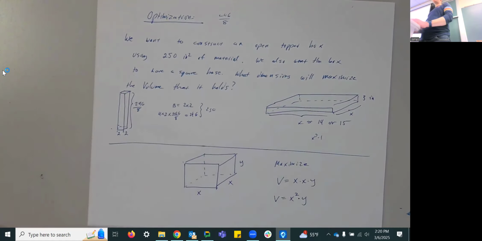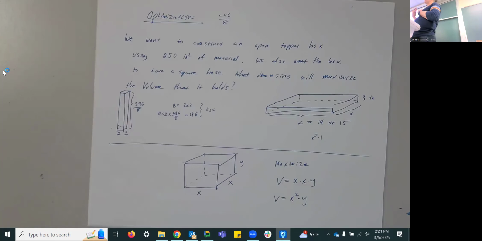Now, as you might have experienced already, we know how to find the maximum of a function, but all the functions we maximize are functions of one variable. And this expression that we want to maximize has two variables. That's a problem. This is where we need to pull in the other piece of information, which is that we are constrained.